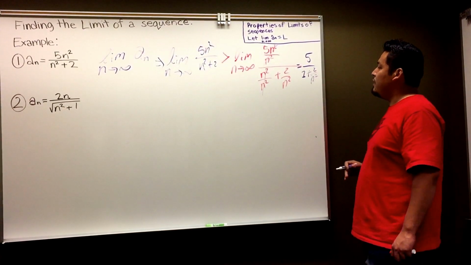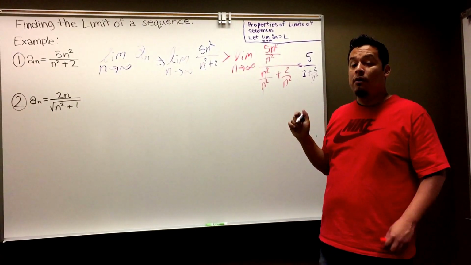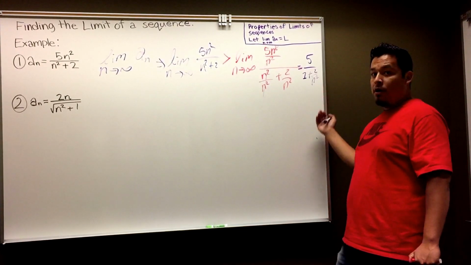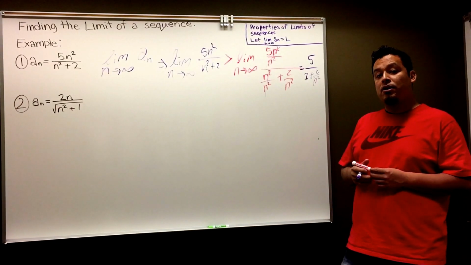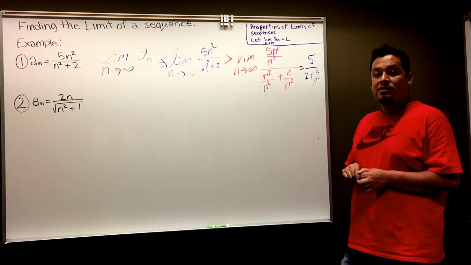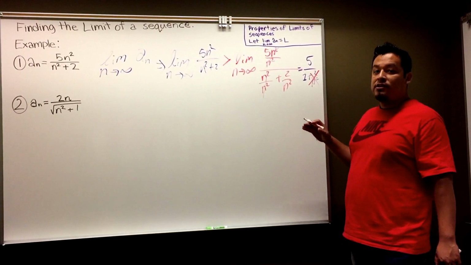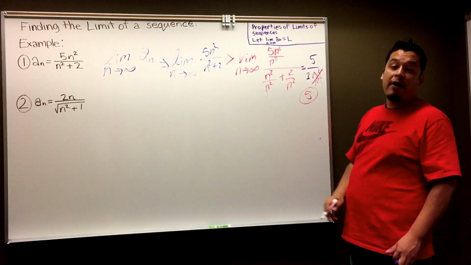As we take the limit as n goes to infinity, n squared becomes a super large number. When we have a relatively small number divided by a large number, we can assume that's 0. Therefore, this goes away, and our answer is 5/1, or simply 5.